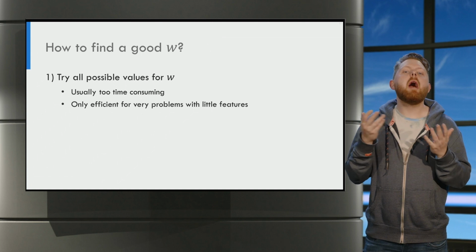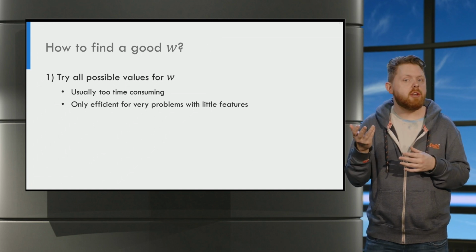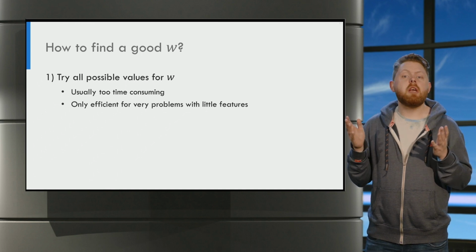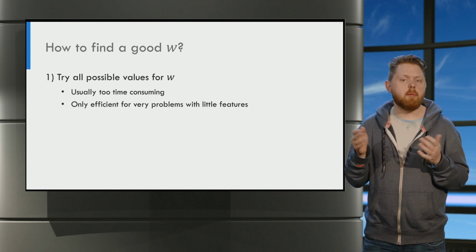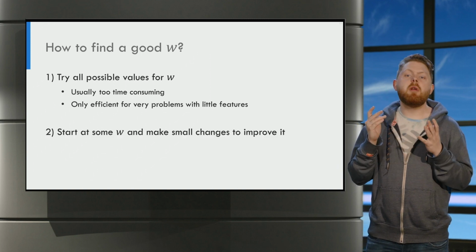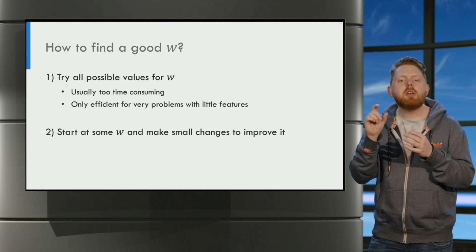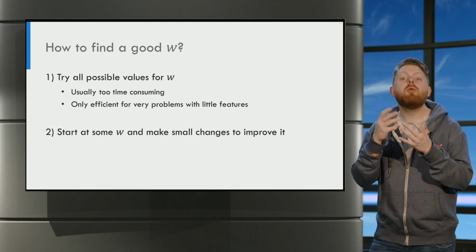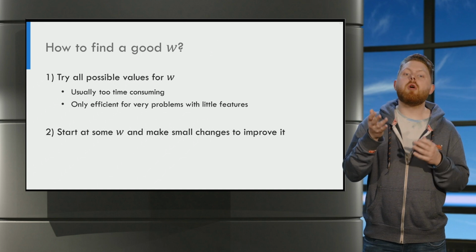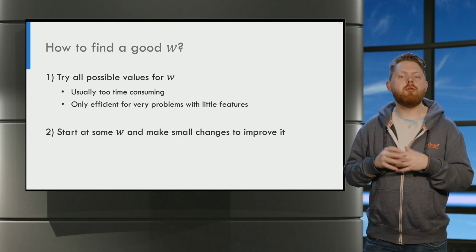If we're going to high-dimensional problems with more features, this approach doesn't work anymore. The computation will often take too much time. A second option is to randomly pick a linear model and make small adjustments to it to reduce its objective value. This is the approach often taken with iterative training.